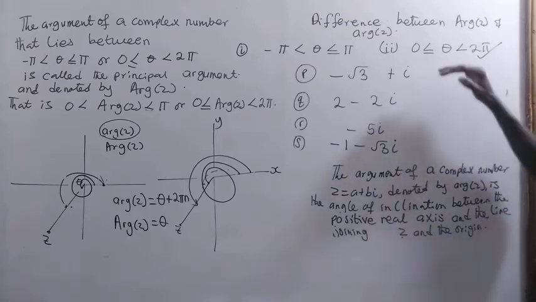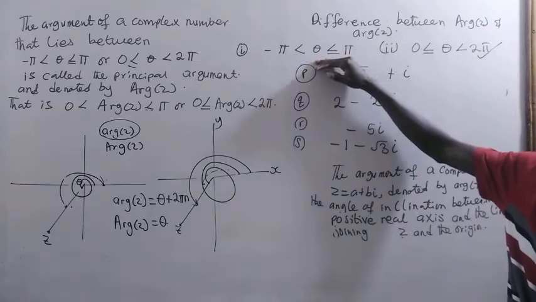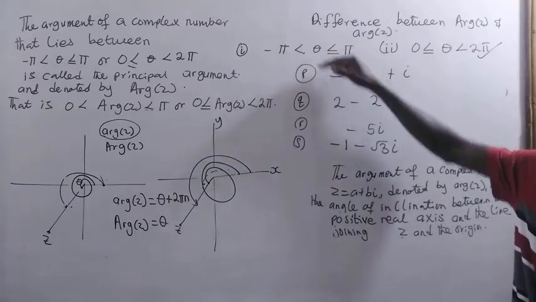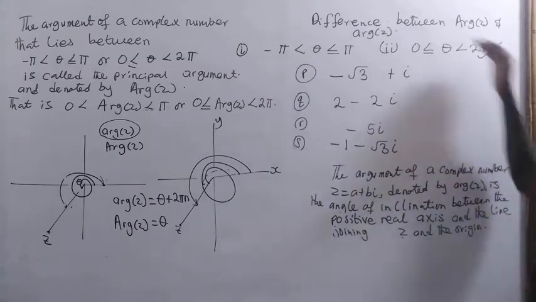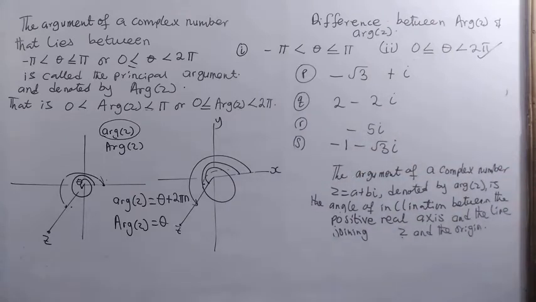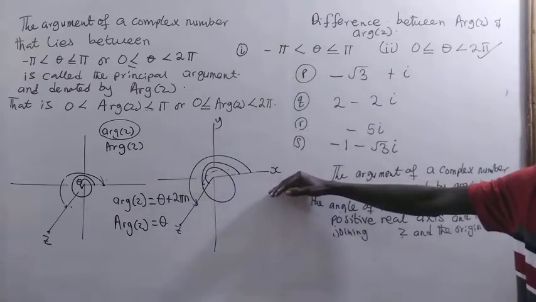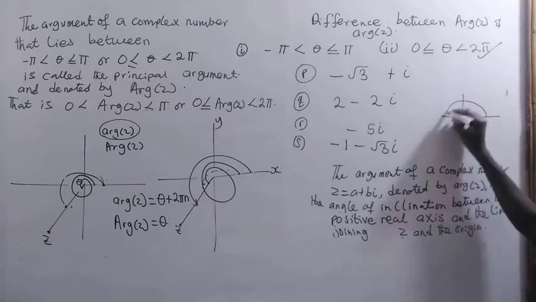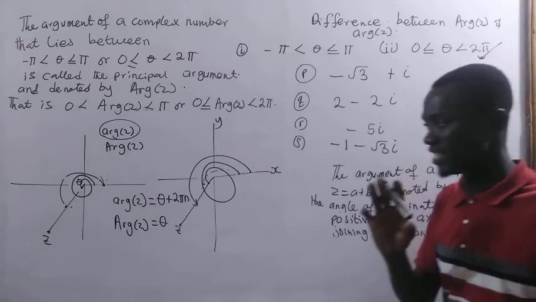Most of the books use this, and some of the books also use this. So if you are told to find the principal argument, you can measure it in the anti-clockwise, that is the counter-clockwise direction, or in the clockwise direction. But if there's a specification that you are to use this, I'm going to show you. But always, if you have been measuring from here, it means that you are using this interval. I hope now it is very clear.